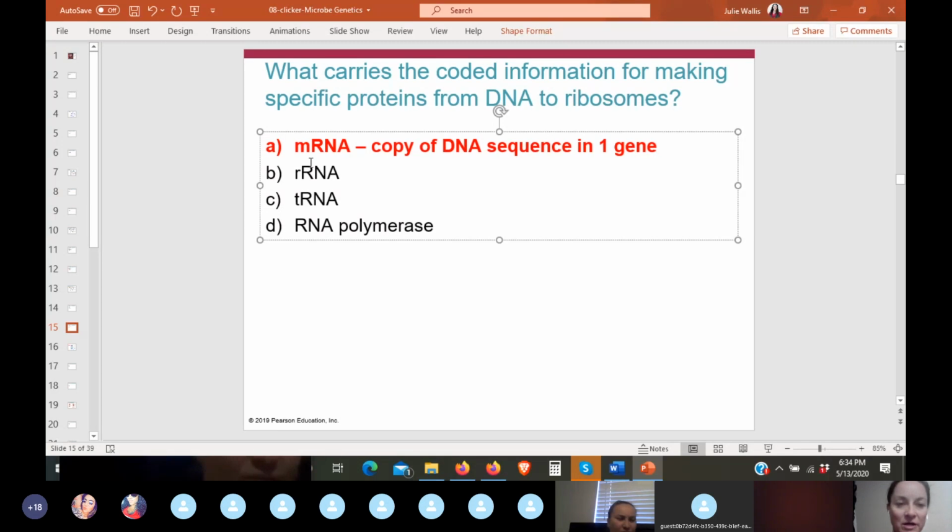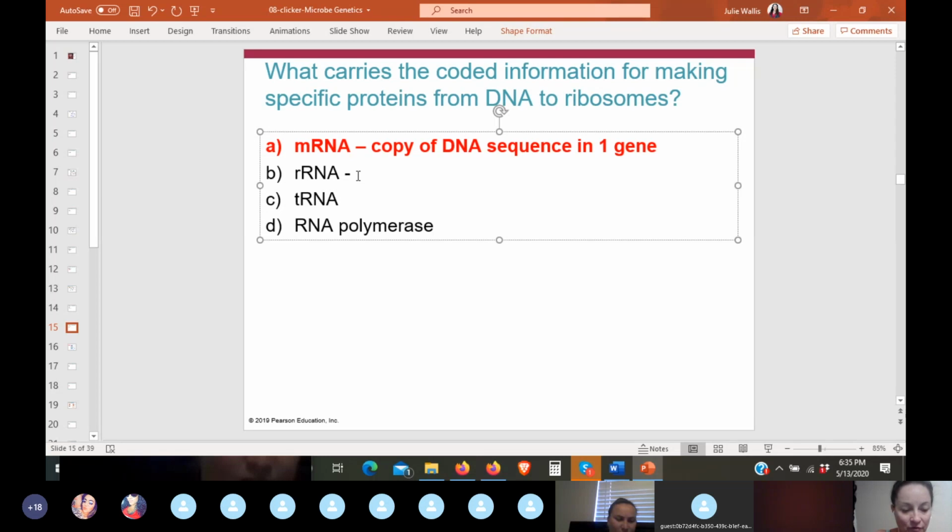What you should also know is that ribosomal RNA and transfer RNA are also transcribed from the DNA sequence. They call these non-structural genes. They're genes that don't actually code for proteins, but they are pieces of RNA that have a function.